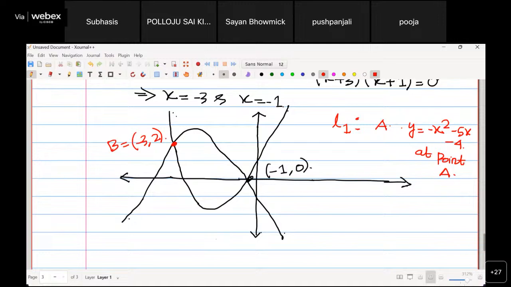So then what is the slope of the parabola at point A?